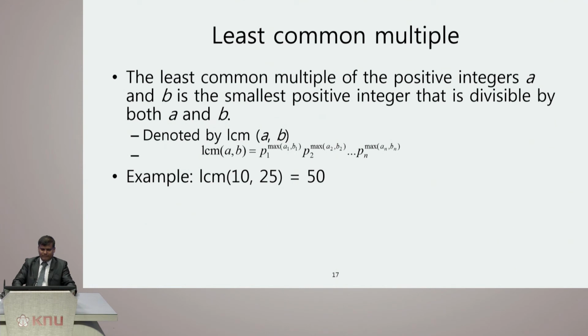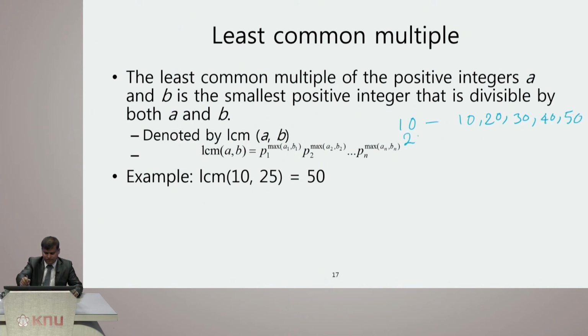So consider this example, LCM of 10 and 25 is 50. So now we know that for 10, the multiples of 10 are, for example, 10, 20, 30, 40, 50, right?